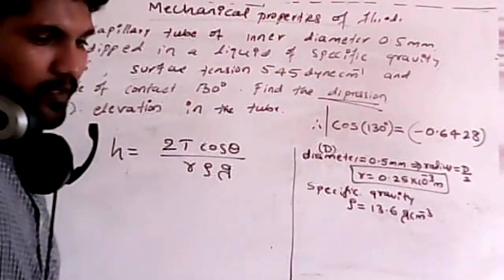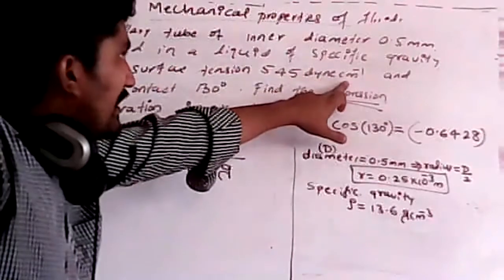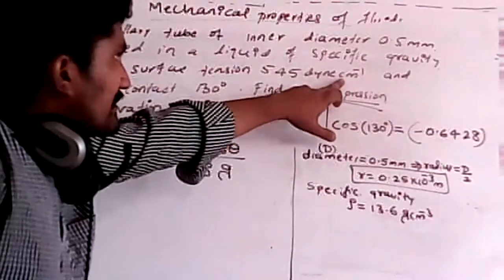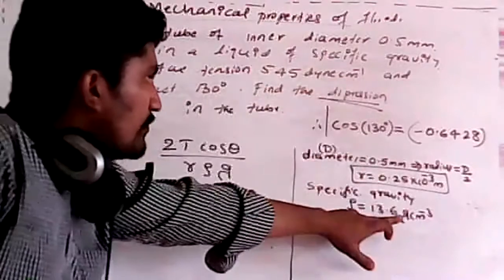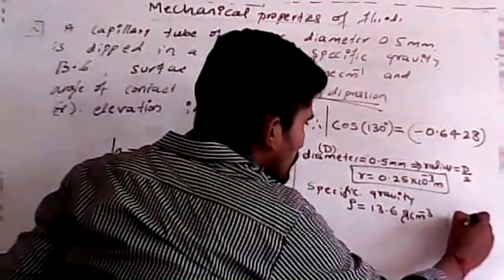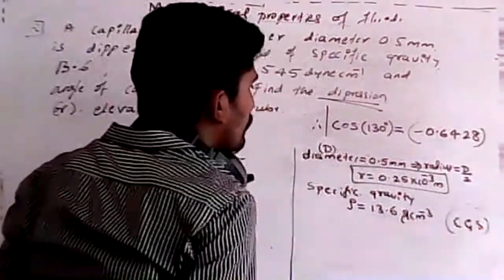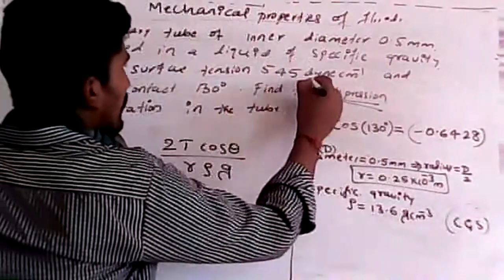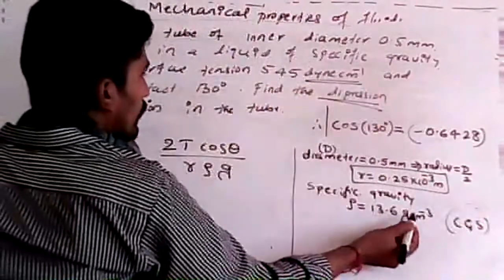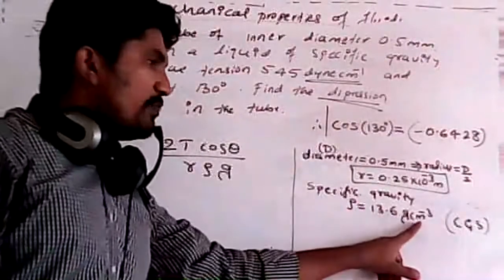Why? Because they have given in terms of dyne here. Dyne per centimeter is there. If dyne per centimeter comes, you have to write in terms of gram, because this is in terms of CGS. In CGS unit we already know centimeter, gram, second. So that's why here they have given in terms of centimeter, and you have to convert in terms of gram per centimeter cube. Don't write kg per meter cube.